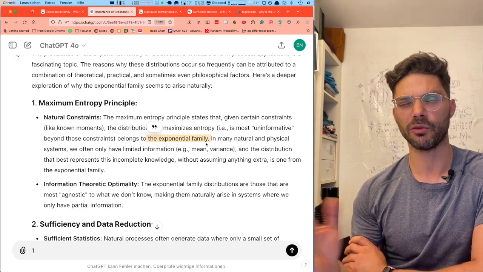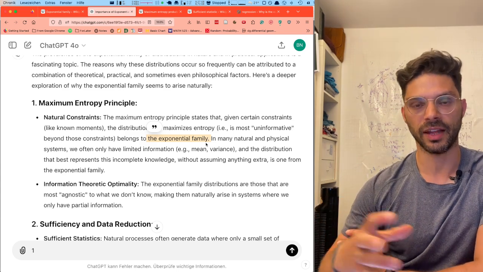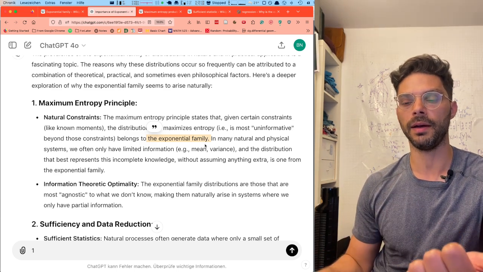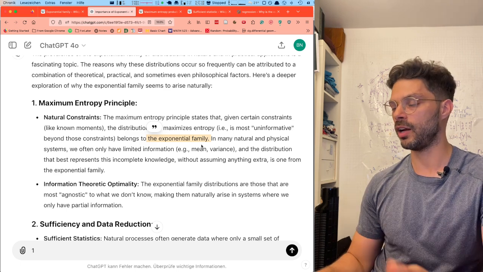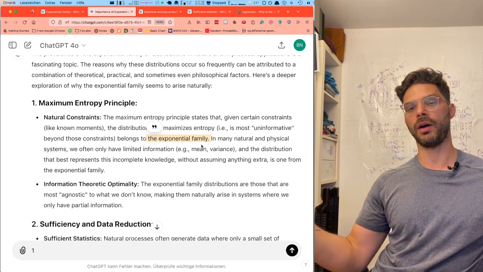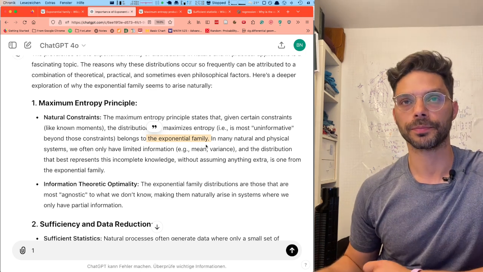And I was wondering why he's put that there, but I think maybe that's the connection here, right? Essentially we want to say, look, we know a few things about the data, but now we want to set our priors so that it takes that information, but is as uninformative as possible. Well, such a prior will be in the exponential family.